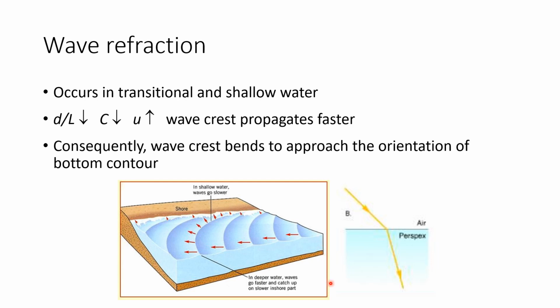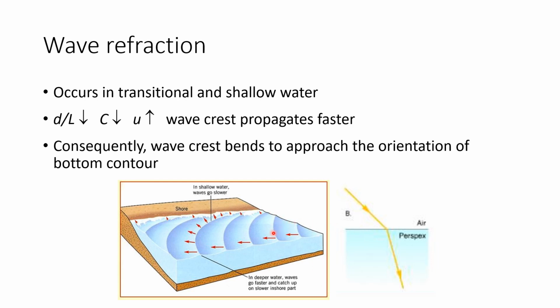moving in a direction which is increasingly normal to this interface. Originally it is coming at an oblique angle, but due to refraction it becomes more normal to the surface.